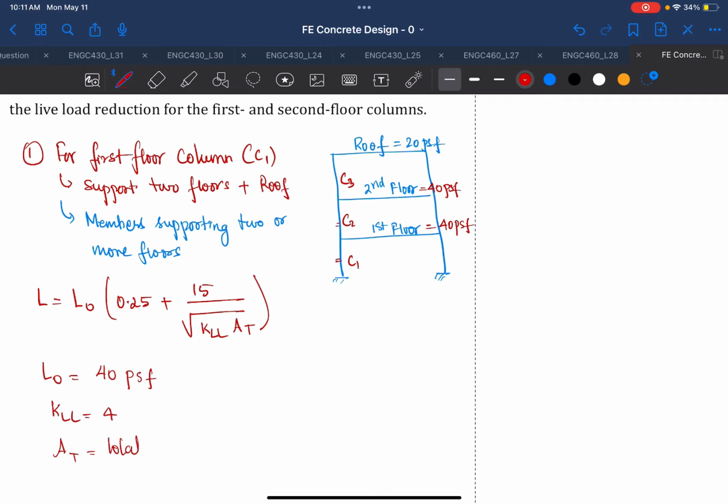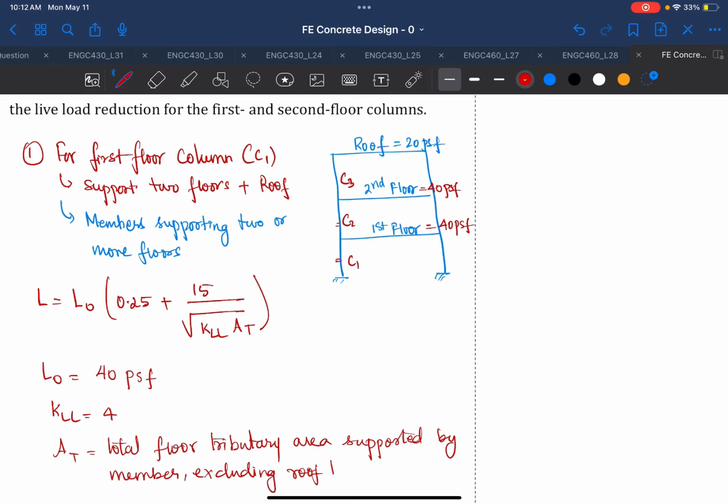And then A_T is the total floor tributary area supported by the member, and this is excluding the roof tributary area.